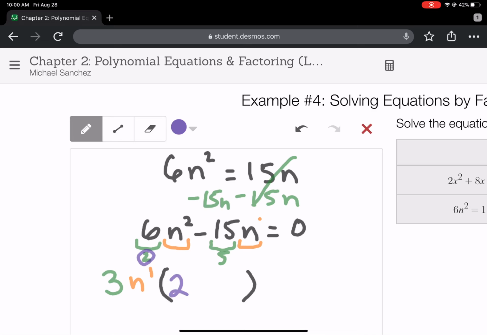And then if I take out an n to the power of 1 from n to the power of 2, I'm going to be left over with 2n to the power of 1. And then from my negative 15, if I divide by the 3, I'm going to get negative 5. And if I take out an n to the power of 1 from n to the power of 1, there's going to be no n's left over.